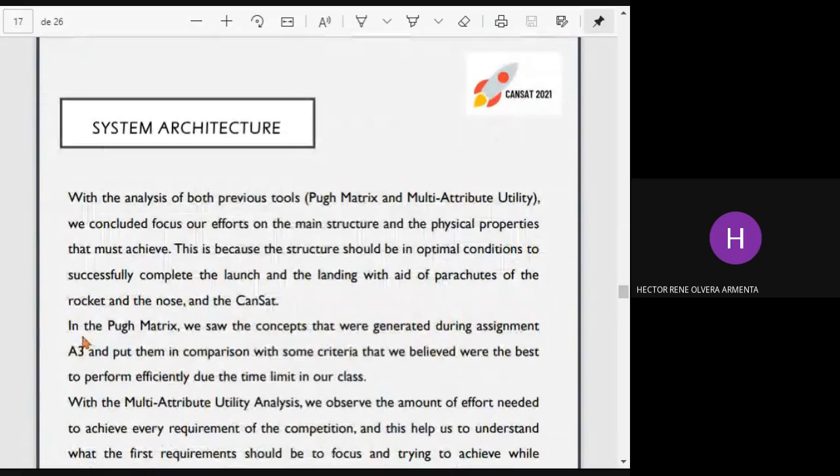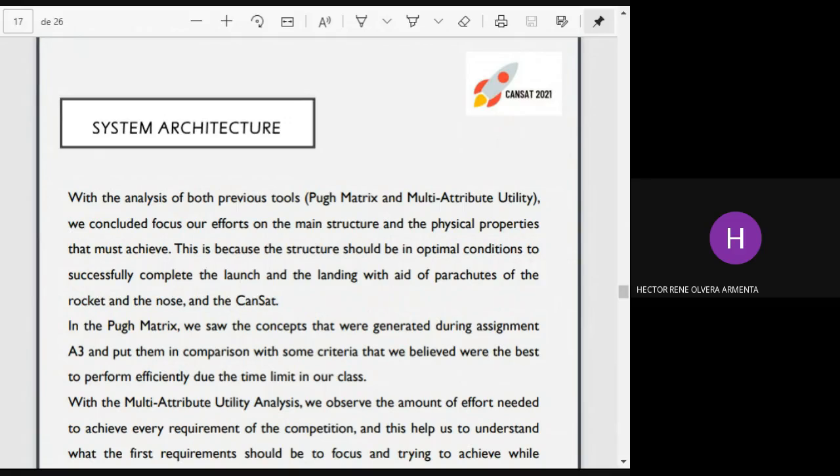Now, for the system architecture, we analyzed the PUC matrix and the multi-attribute utility analysis, and we concluded that we should focus our efforts on the main structure and the physical properties it must achieve.